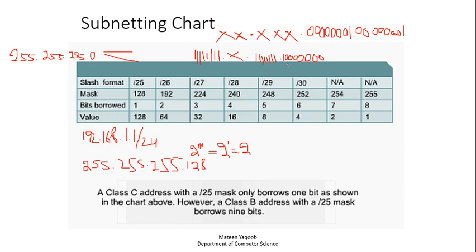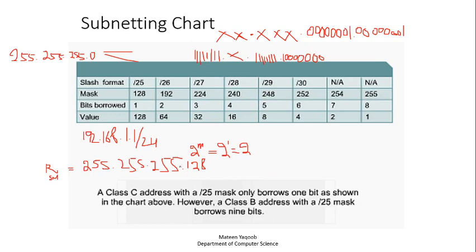So the resulting subnet mask, if I convert it back into the decimal, will be something like this. So this is the resulting subnet mask. It will be used for subnetting. So in this case, the network has been divided into two portions.